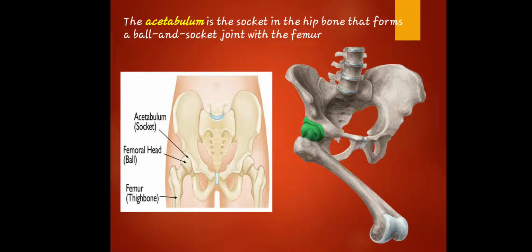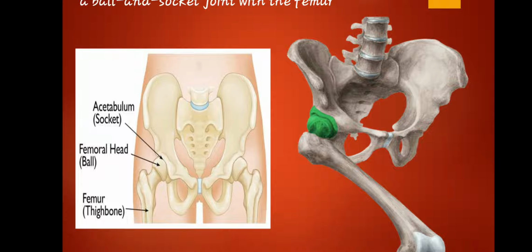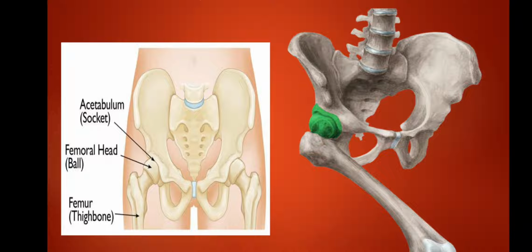So now let's proceed to identifying what is acetabulum. Okay, acetabulum is the socket in the hip bone that forms a ball and socket joint with the femur. So as you can see in this illustration, there is a highlighted part here, the green one, that is the acetabulum.